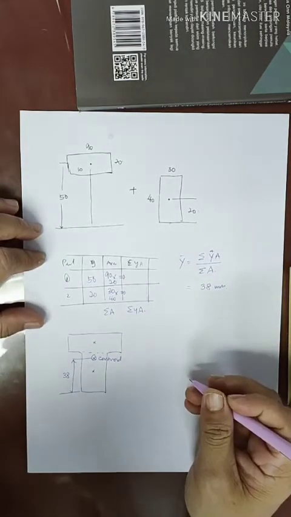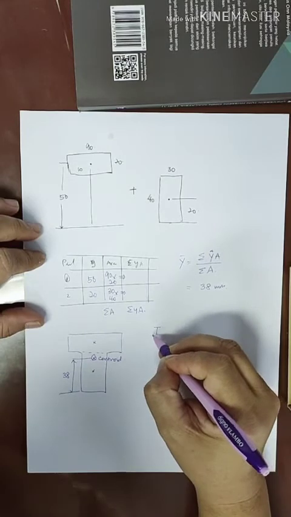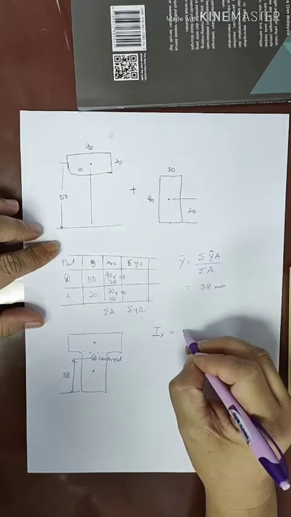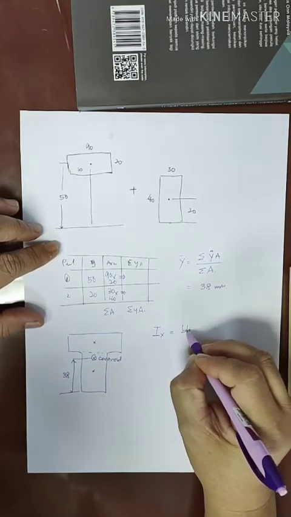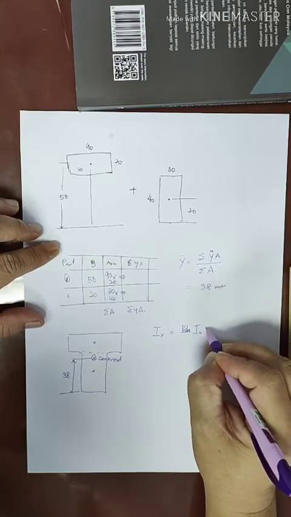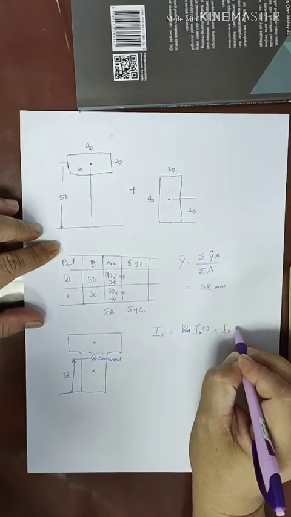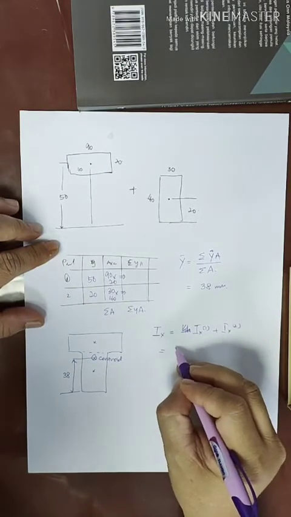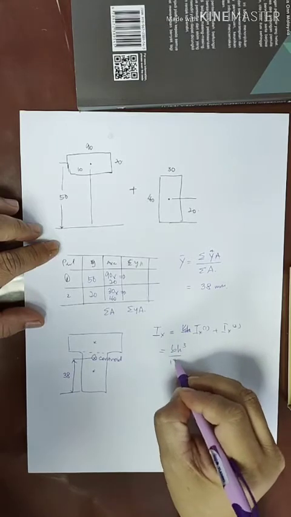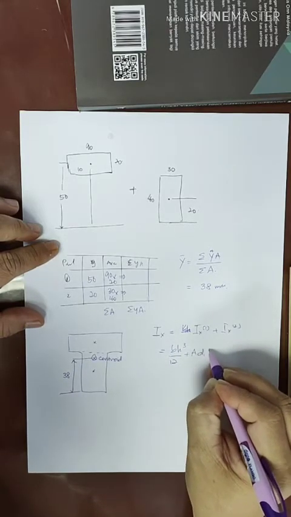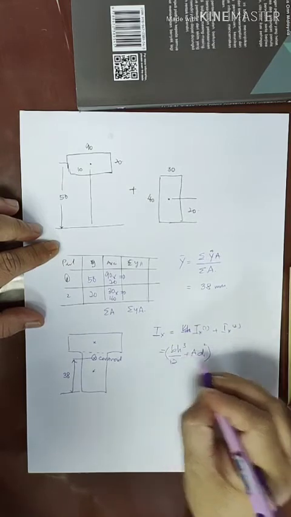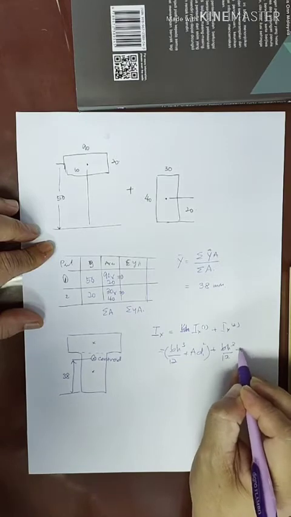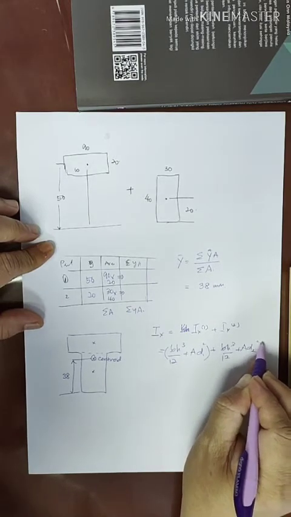Then you can solve the problem of Ix, equivalent to Ix1 plus Ix2, which is bh cubed over 12 plus Ad1 squared, plus bh cubed over 12 plus Ad2 squared.